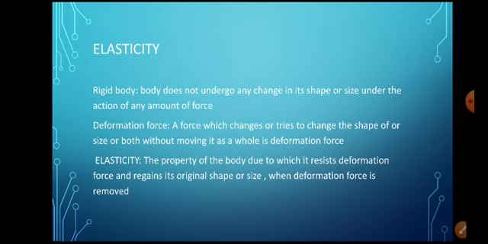Now observe me, I am applying some force on this wall. I am trying to move the wall. Will the wall move? No, my force is not sufficient to move this wall. And observe here, the duster is on a table.